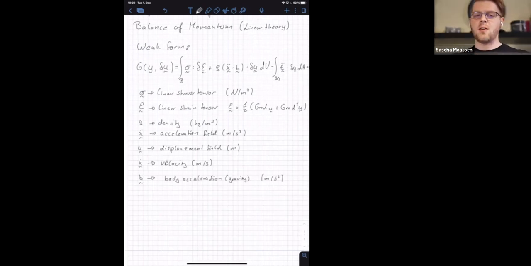So B is our body acceleration. That means we have a load acting on our body as a volumetric load. So for each volume of the body, this load is applicable. And we also see that this is integrated here over the body itself, also multiplied with the density.